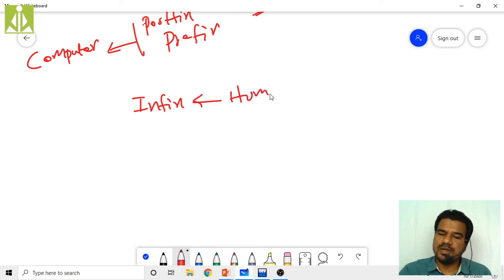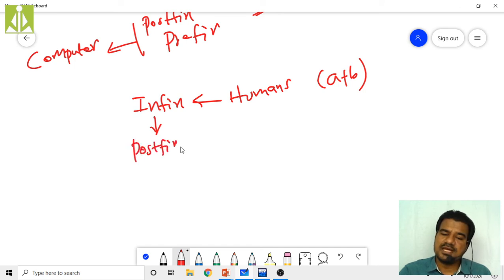Internally the computer will convert that expression into either postfix or prefix, and after conversion it will do the evaluation.